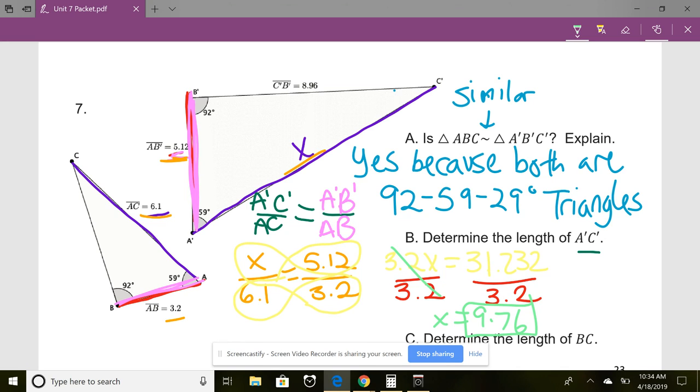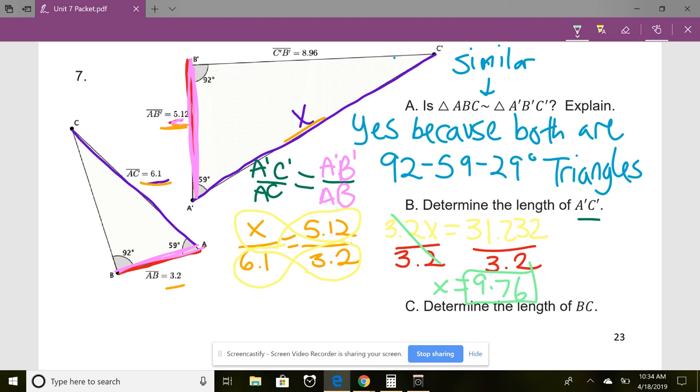So again, to recap: similar triangles have all the same angle measures, and remember, all the angles in a triangle add up to 180 degrees. To figure out the sides, you have to be consistent with the similar sides of the triangles when you're making your proportion. You set up a proportion, two fractions equal to each other.